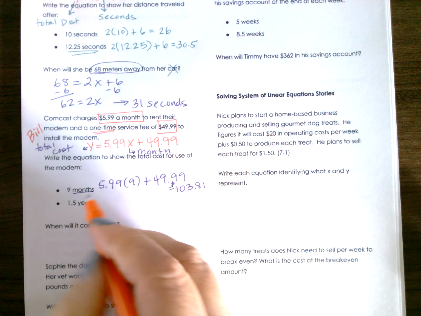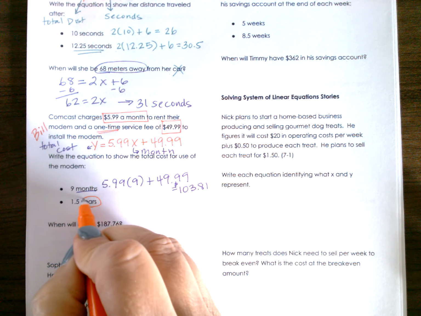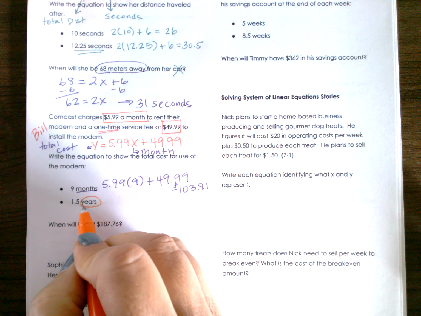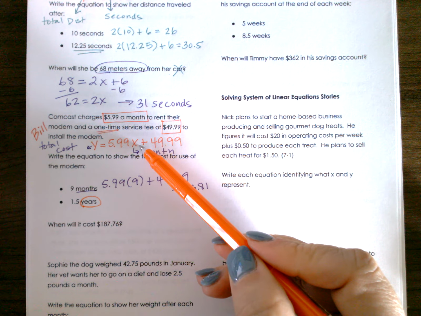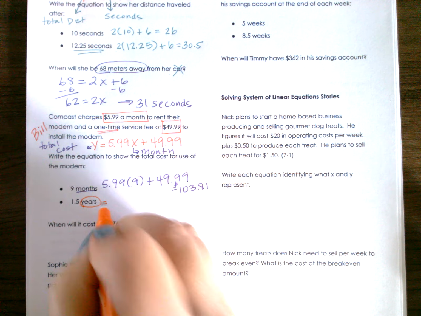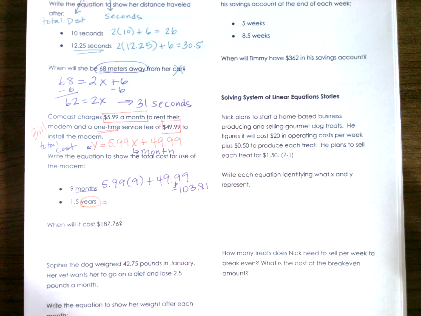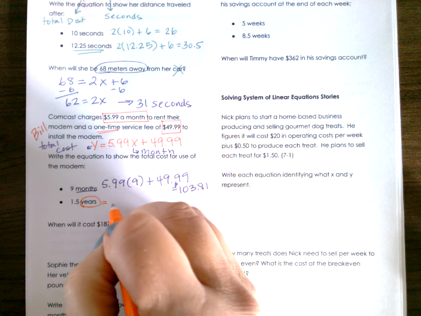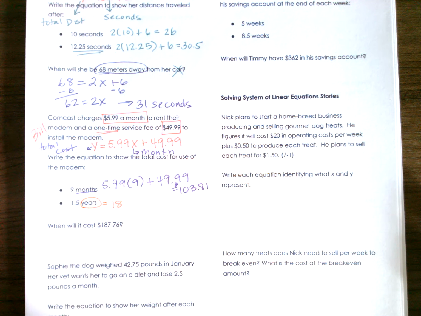Now be very careful. In this one, I gave you years. In our equation, X stands for months. So 1.5 years equals how many months? 18. Couple ways of doing this.